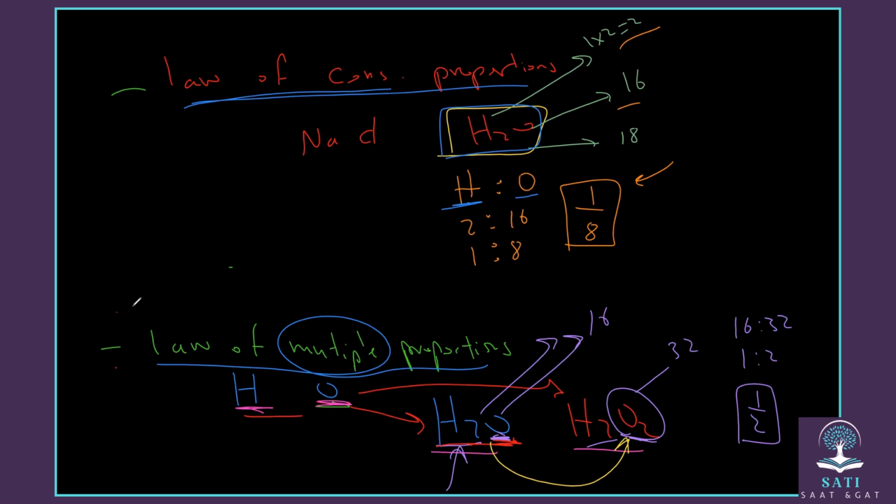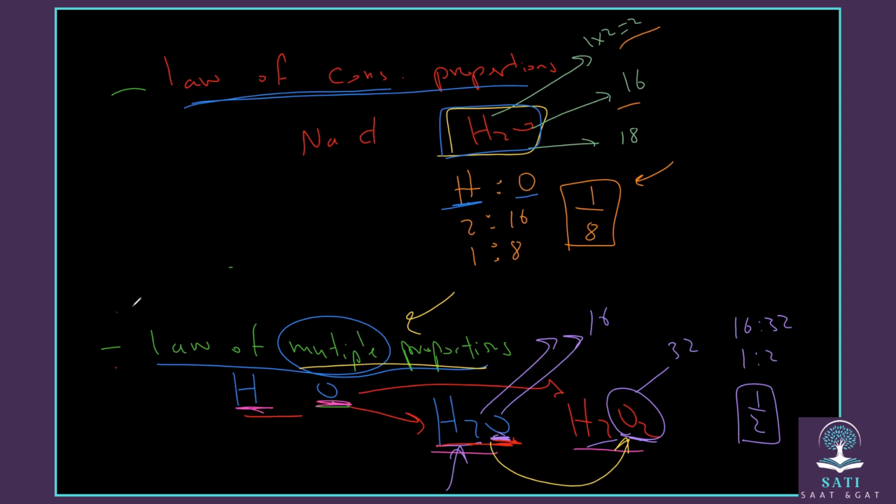In multiple proportions, we are dealing with the mass of one element only, which is oxygen. It was 16, becomes 32. This ratio represents 1 to 2, and it represents the law of multiple proportions.